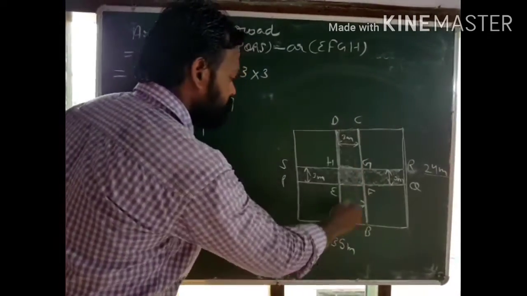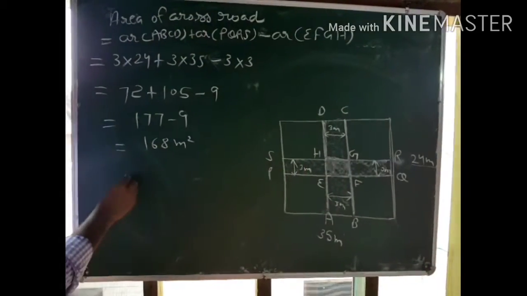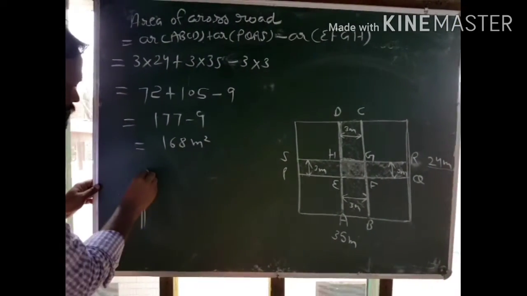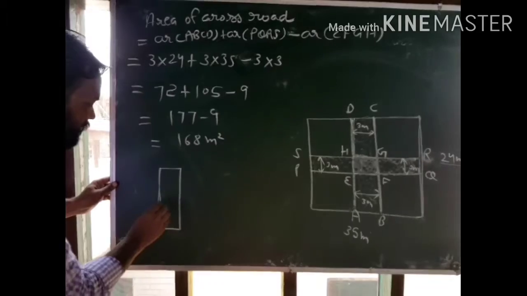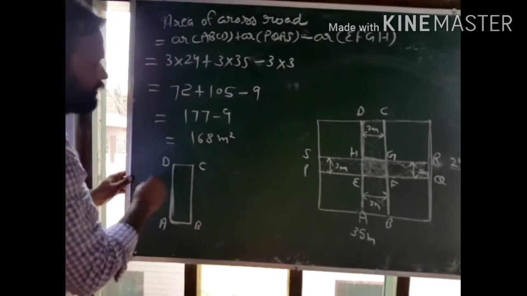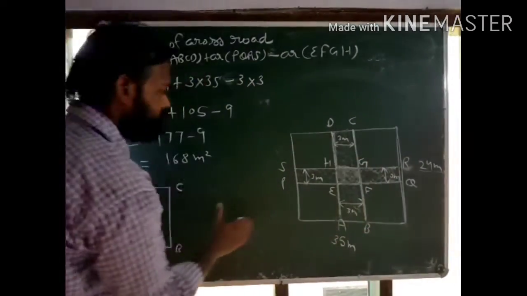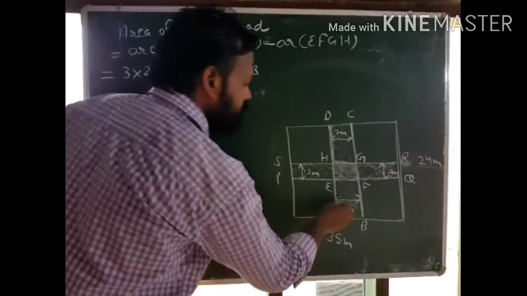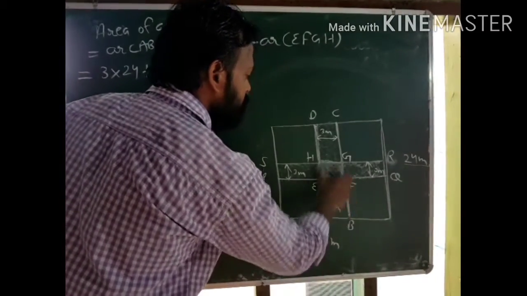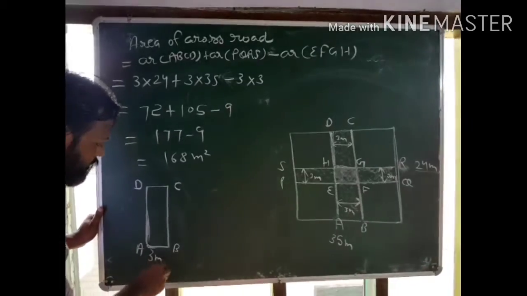First of all, how can we find the area of this ABCD? Now you can see we have to find the area of this rectangle ABCD. If we make this diagram separately, it looks like A, B, C, D. Its length is 3 meters, because the road is 3 meters wide.